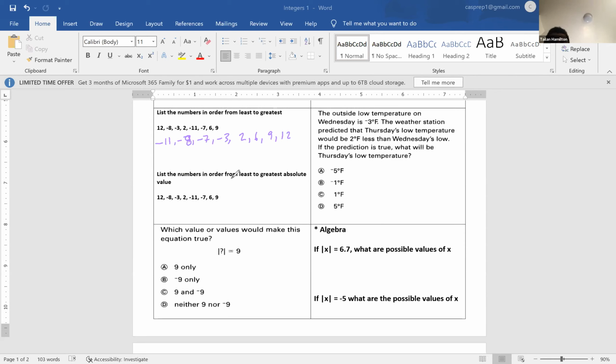Okay. Everybody good with this, right? So let's look at part B. List the numbers in order from least to greatest absolute value. We can do that. Go ahead, Maddie. If we had to do the least to greatest, it'll probably start off with 2. And then it'll go 3, because of absolute value.